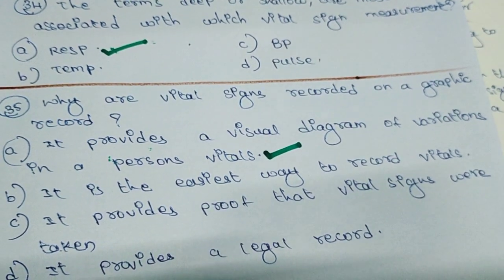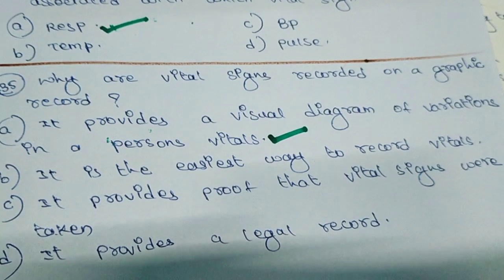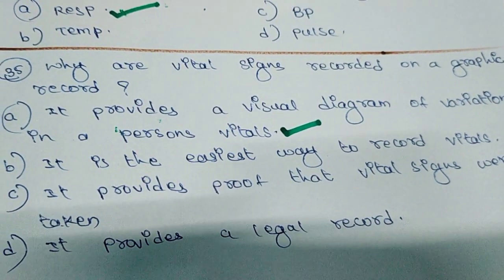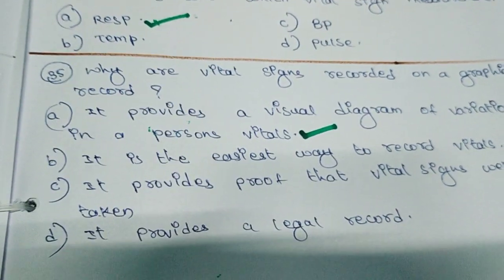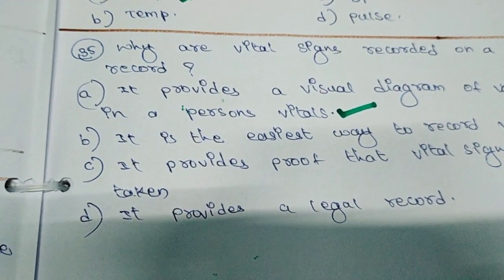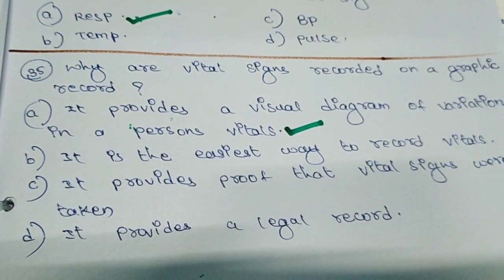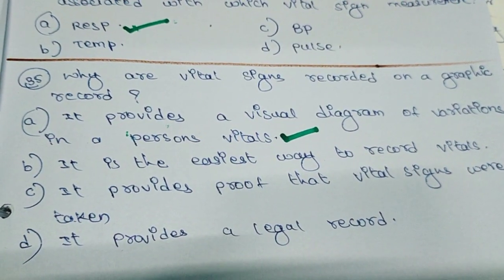So that we can easily note the variations in the person's vital signs and take action immediately. And also we can identify the progress, we can know the prognosis, and whether the treatment or procedure that we are doing is effective or not. So easily we can note the variations if we do it in a graphical representation.